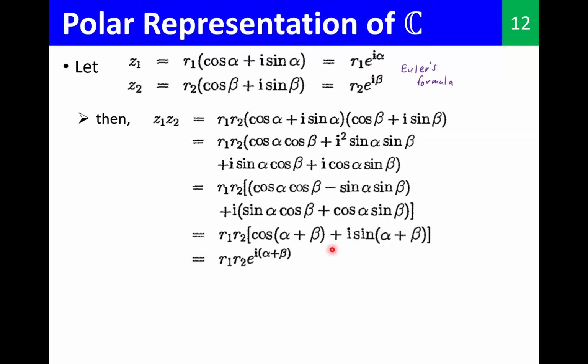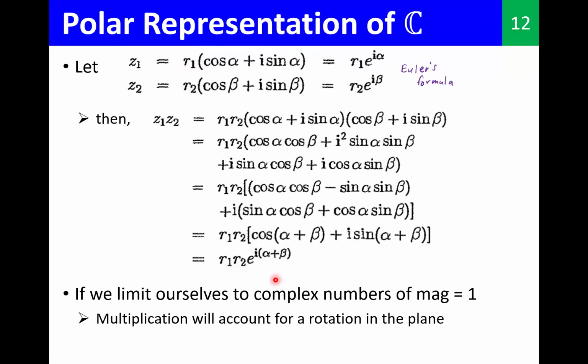And now if we limit ourselves to complex numbers having magnitude 1, that is, if R1 equals 1 and R2 equals 1, right, then we can see a special property. So the product or the multiplication of the two complex numbers is actually accounting for rotation in the plane, right?